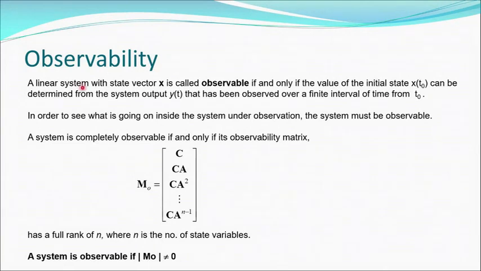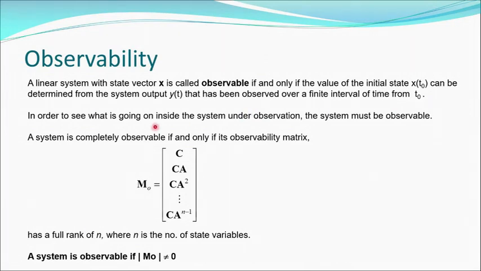Or specifically, a linear system with state vector x is called observable if and only if the value of the initial state x(t0) can be determined from the system output y(t) that has been observed over a finite interval of time from t0. However, if there is no connection between the state variable and the output of the system, then the system is called unobservable.